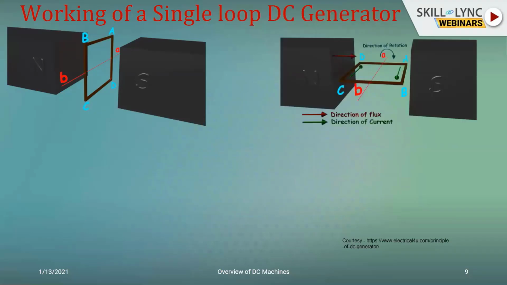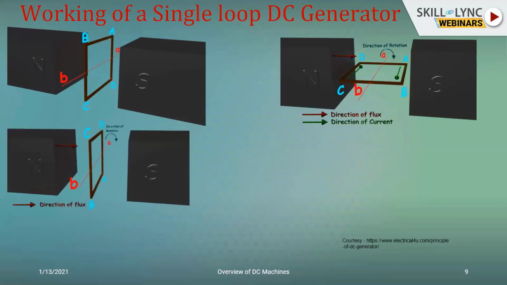So when it moves by 90 degrees, now you can see that the flux lines coming from the north pole can culminate in the south pole. When it further rotates by 90 degrees, you can again see that only the direction of the flux is shown, but there is no 100% coupling with the opposite pole.